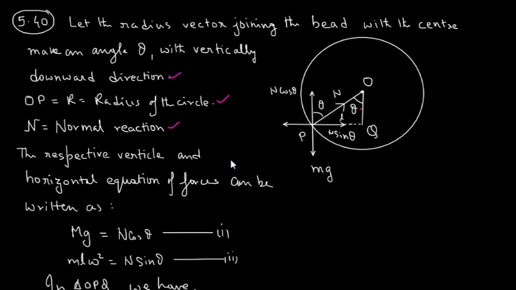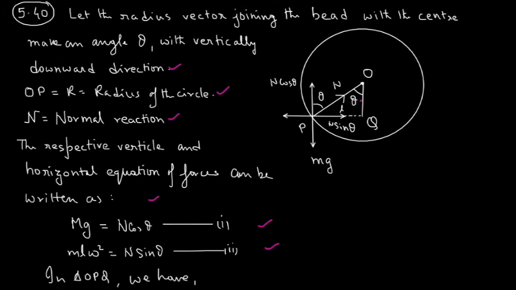The respective vertical and horizontal equations of forces can be written as mg = N cos θ, equation 1, and m l ω² = N sin θ, equation 2.